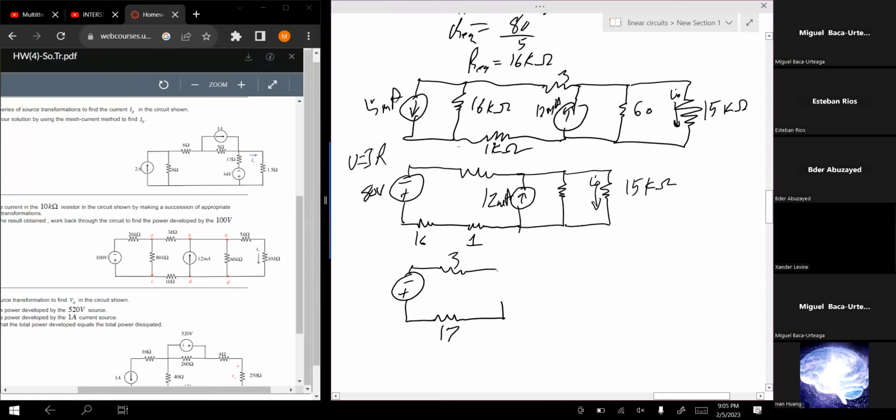And this is 3. Wait. 80 volts. 60, 15, 12 milliamps. So we can't combine these in parallel because then we really are going to lose that signal.